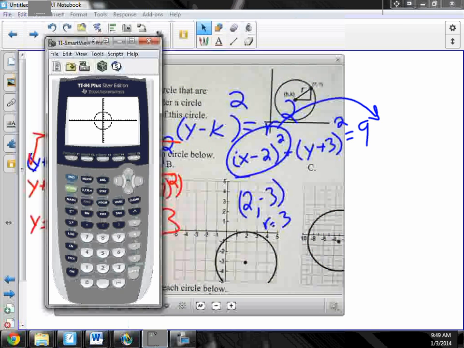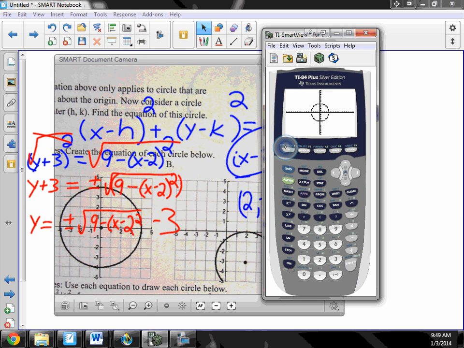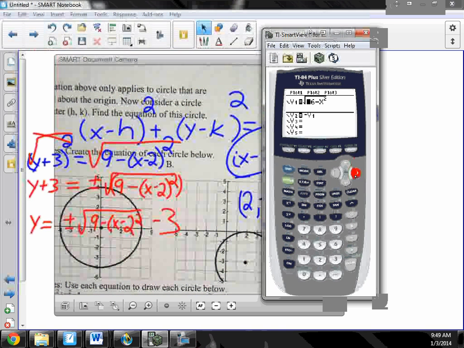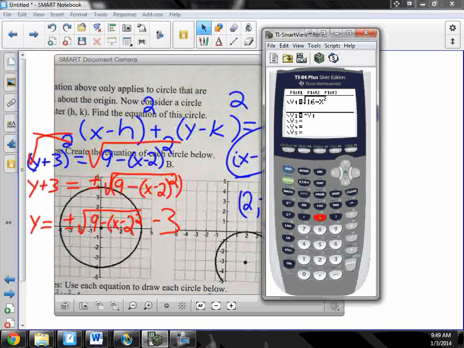Okay. Let's type this in. So the square root of, and I'm going to put the parentheses just so you guys know what I'm talking about. Parenthesis 9 minus parentheses x minus 2, and then another parenthesis, and then outside of that I'll have a minus 3.